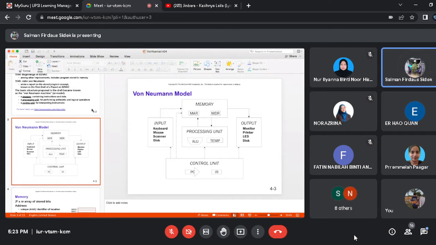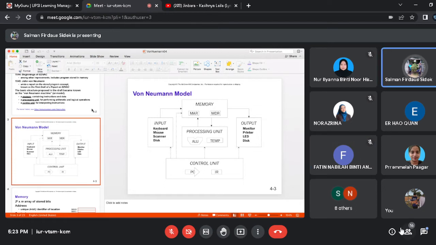Settle. Okay, now we go to the storing process, ataupun keeping process. So now the data is already processed by the ALU. Remember, the data that is already processed, we call it as a what? Information or process data.